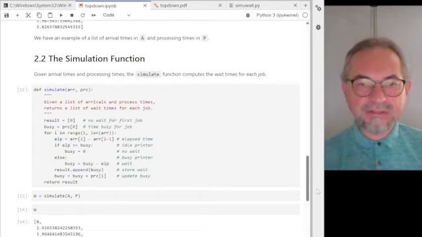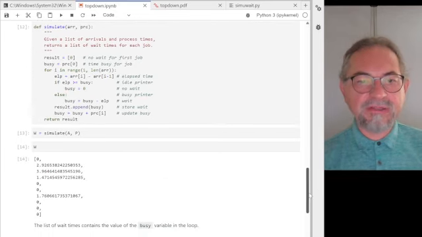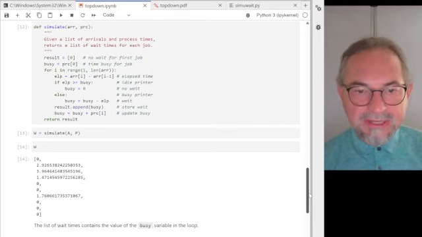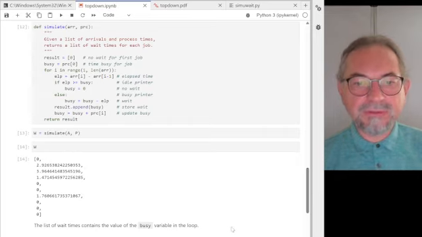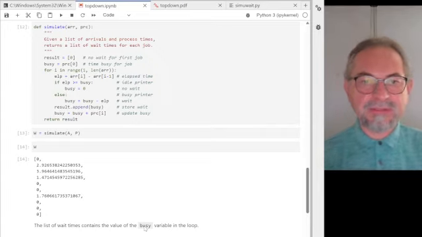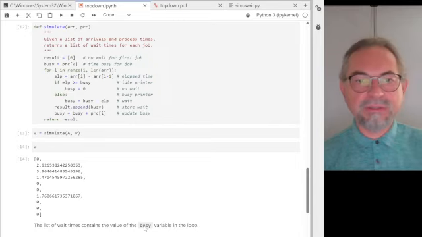So I have two lists, A and P, and what returns is the list of waiting times. Here in this case, it contains the value of the busy variable, but often modified. So it's actually not really the state. It contains the values, but sometimes it's modified with the difference of arrival times.